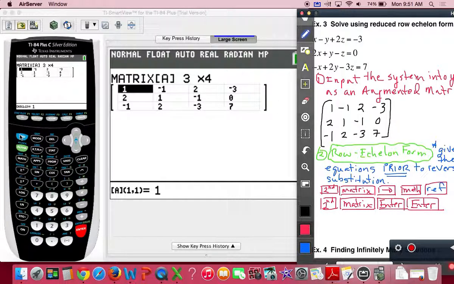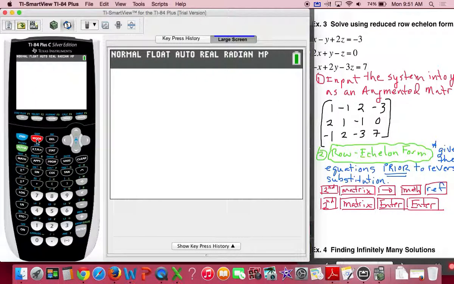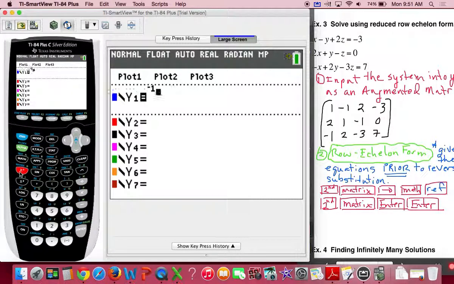So then over here on your calculator, I want you to do second quit so that you're back at the main screen. So all of these directions are according to the main screen. And if you don't have your calculator with you, you definitely better be writing down those instructions, because it's your job to bring your calculator to class so you can use it. All right, so you're going to do second matrix.